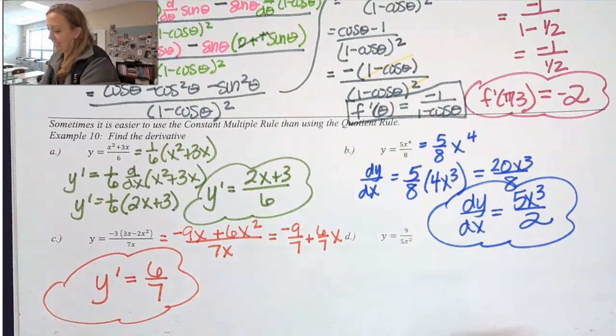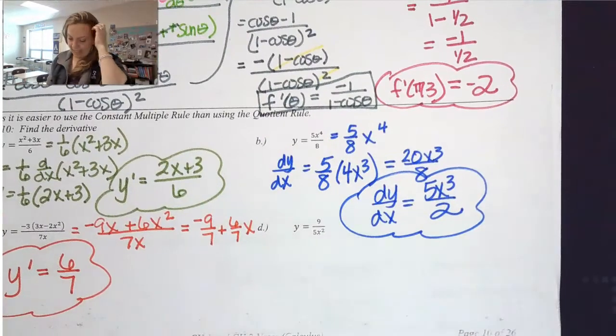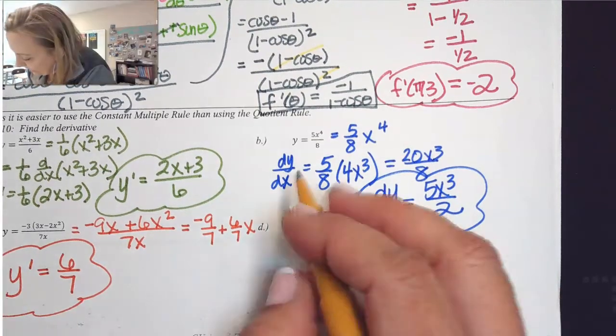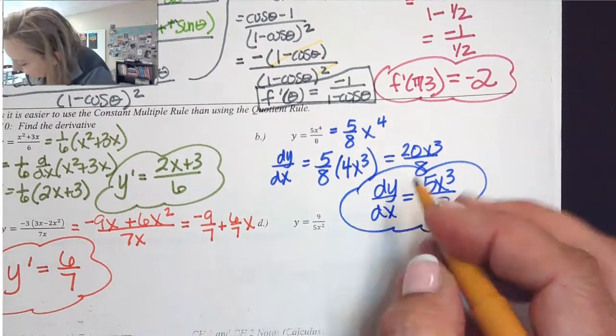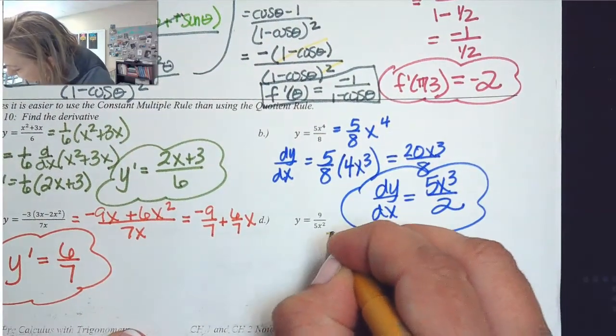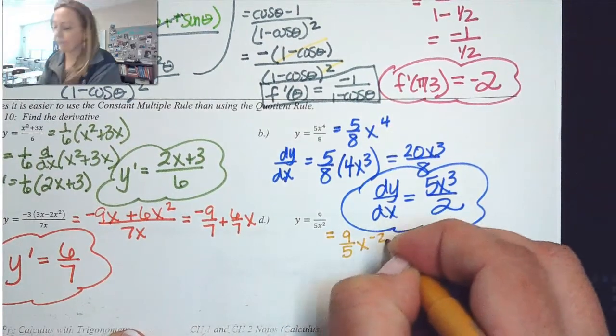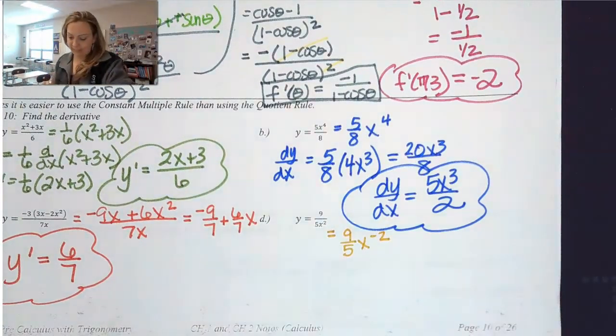And then in letter D, I have y equals 9 over 5x squared. I could definitely rewrite this as 9/5 times x to the -2. That would be nice.